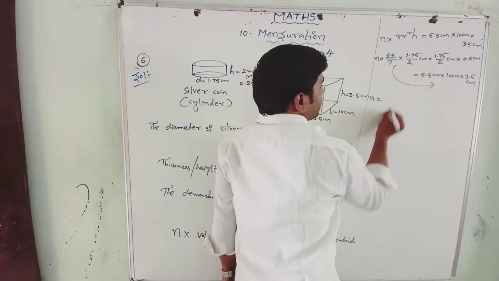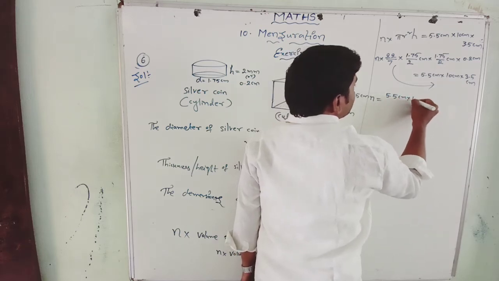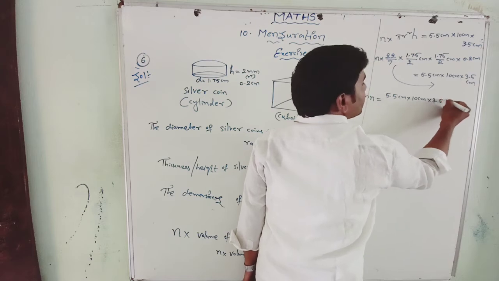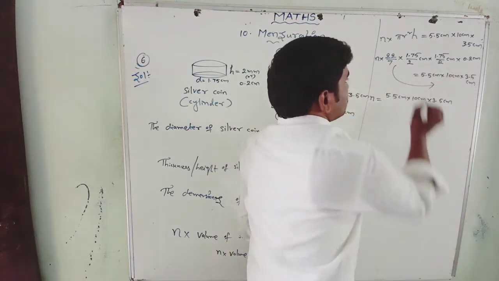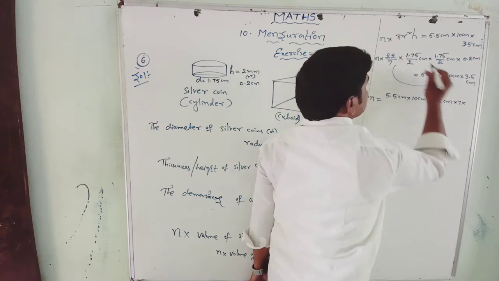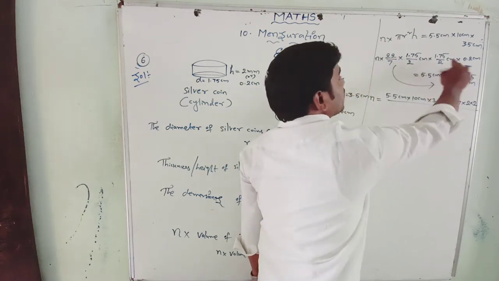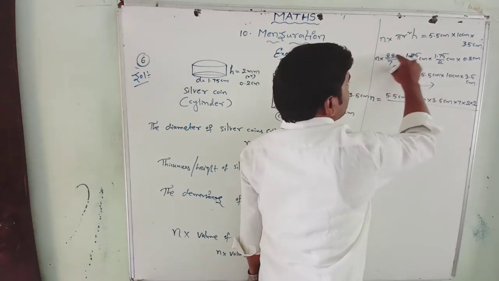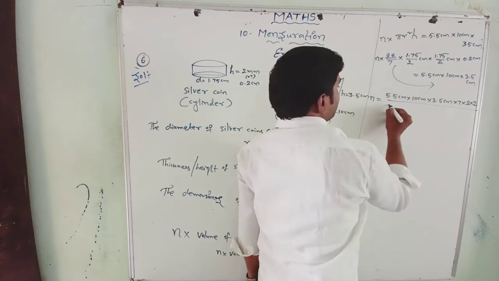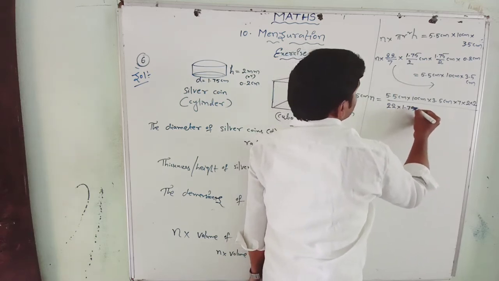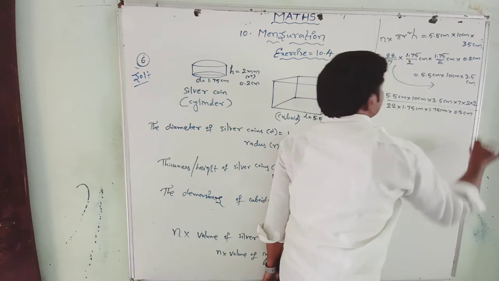Look, now what do we write? n equals, first, the numerator part: 5.5 centimeters into 10 centimeters into 3.5 centimeters are all in the numerator. The denominators are written in the numerator first. The 7 divides here, so it multiplies 2 and so on. Terms that were multiplied now divide, and terms that were divided now multiply. So 22 into 1.75 centimeters into 1.75 centimeters into 0.2 centimeters.